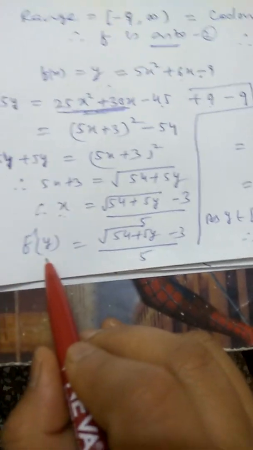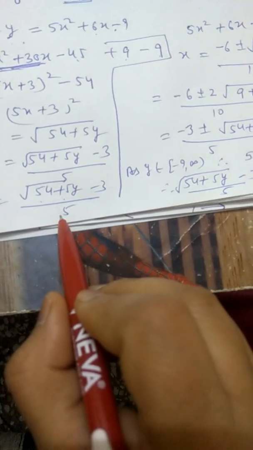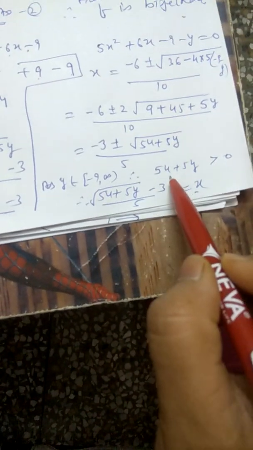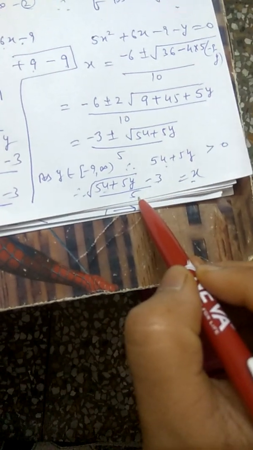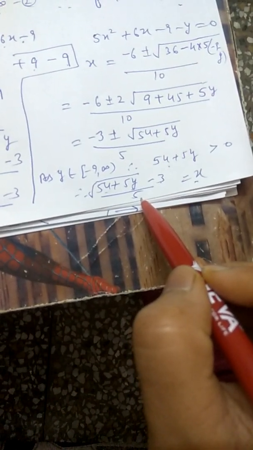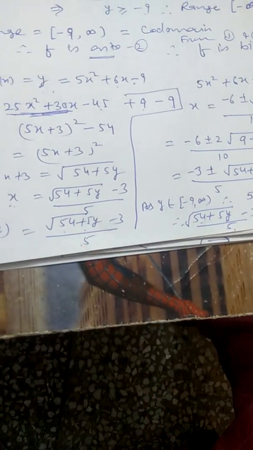Is it clear? It means the inverse of the function, f inverse of y = (√(54 + 5y) - 3)/5. This term is positive, therefore (√(54 + 5y) - 3)/5 is also positive. The inverse of the function is this term. Is it clear?